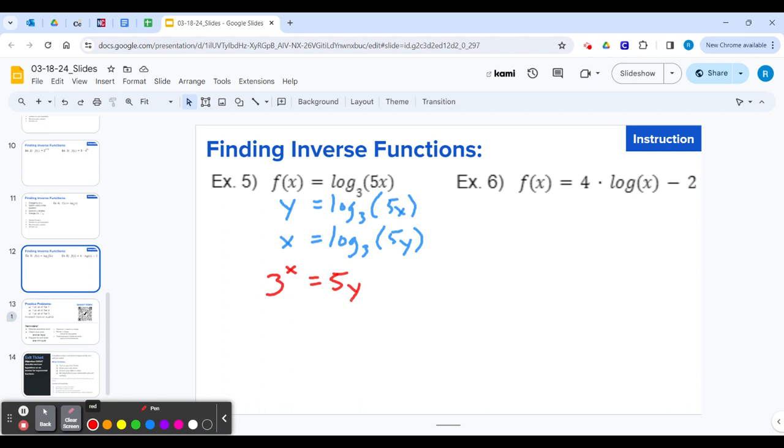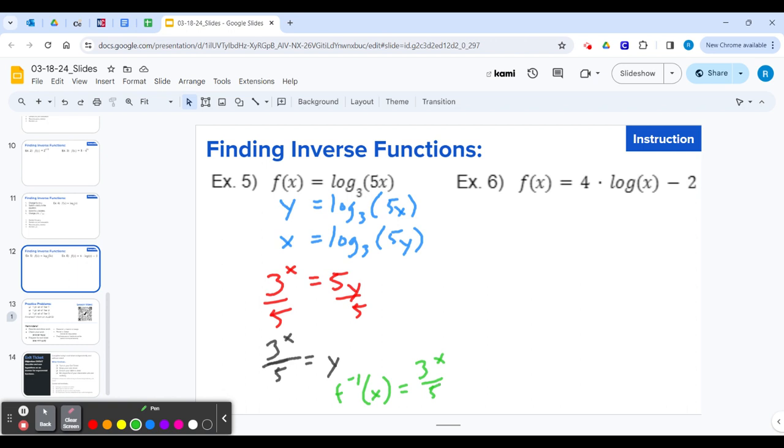I'm going to show it the divide by 5 way, so we can divide by 5 on both sides, and we'll get 3 to the x power over 5. Notice how that exponent is captured above the 5 as well. That equals y. And so our inverse there is f inverse of x equals 3 to the x over 5.